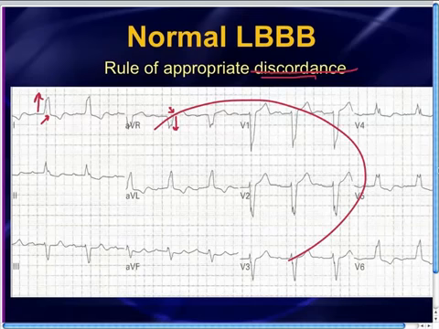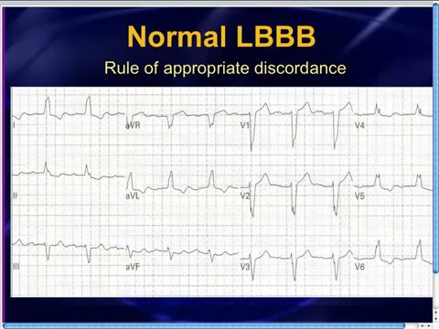And that applies for all 12 leads. If you lose that discordant relationship, you have to worry that the person may be having some ischemia. In other words, if the QRS goes up and the ST segment is also elevated, or concordant, in the same direction, or if the QRS goes down and the ST segment is depressed in the same direction, concordant.